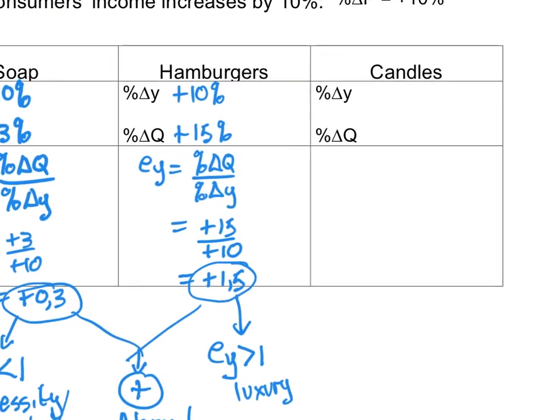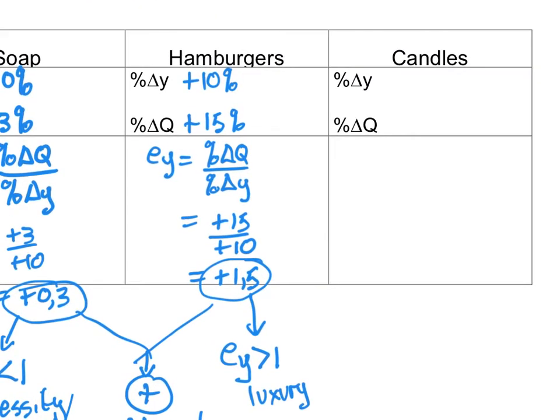Let's take a look now at the case of candles. We have a 10% increase in income. In response to that, we have a 28% decrease in the quantity demanded. The coefficient value is the percentage change in quantity divided by the percentage change in income.